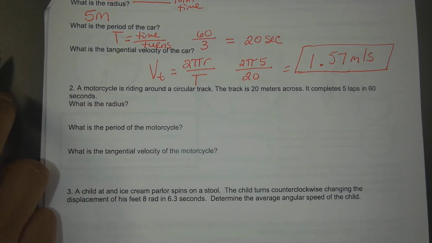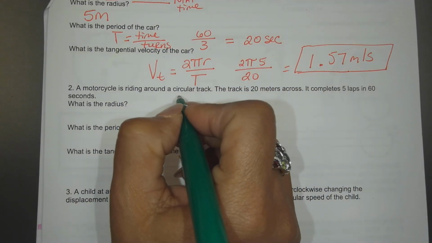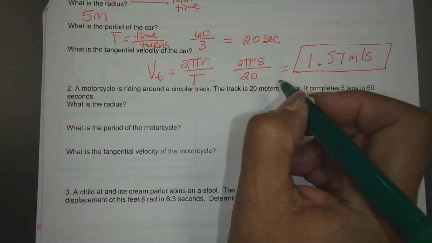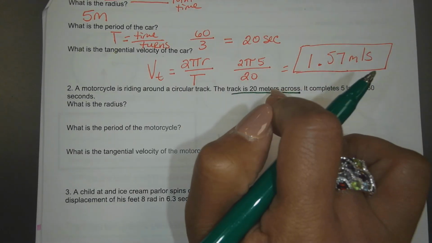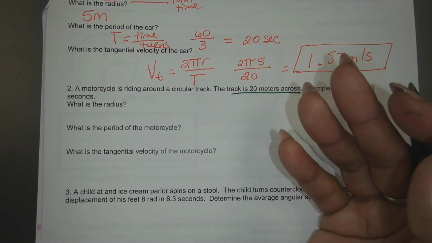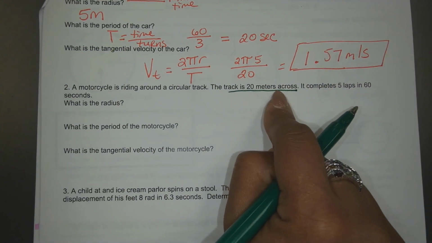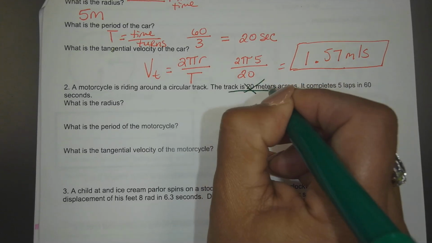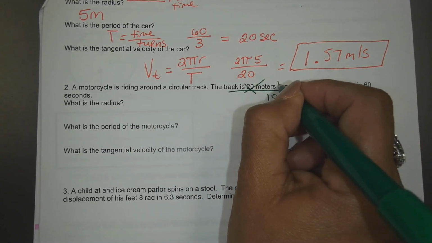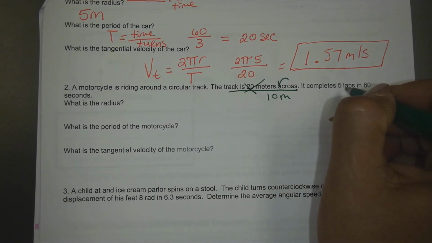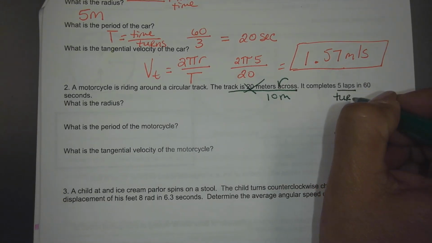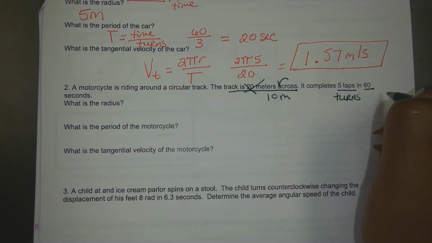All right, let's practice this again. Now we've got a motorcycle, again, going around a circular track, and it goes from 20 meters across the track. Hopefully you can tell or determine that 20 meters across is actually the diameter. 10 meters now is the radius, not 20. It completes 5 laps, which is the number of turns, and it took 60 seconds, the total time.